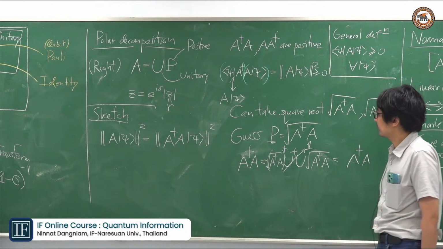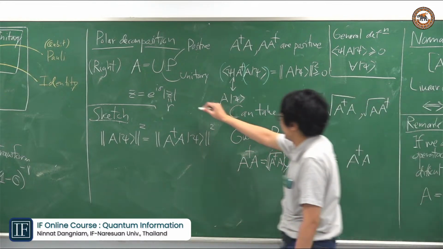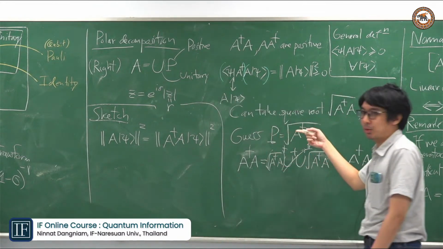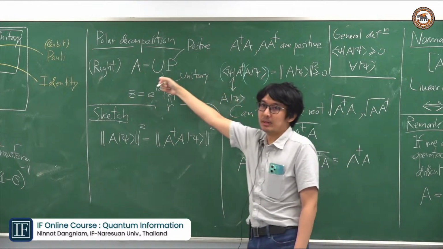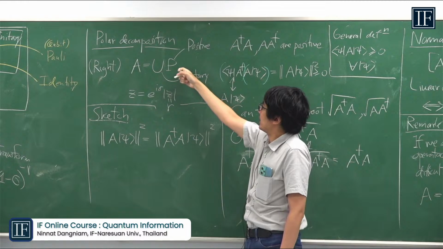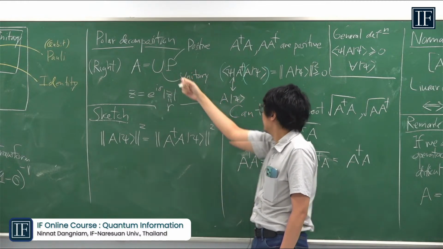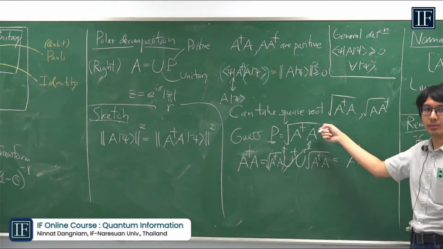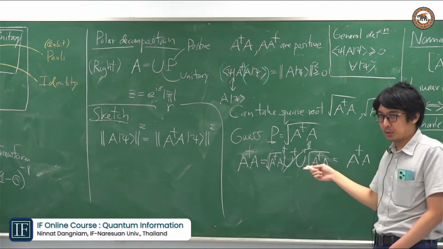Is that it? No, not yet. Here I haven't proved it, because I just assumed that this is true, and then said that if it is, I can take P to be the square root of this positive operator, and it would work.